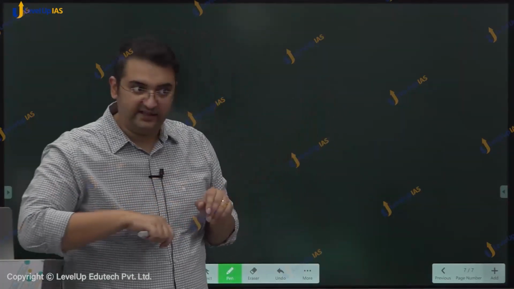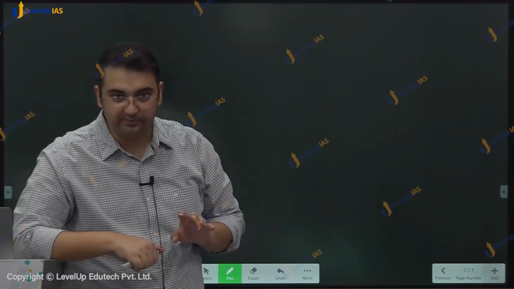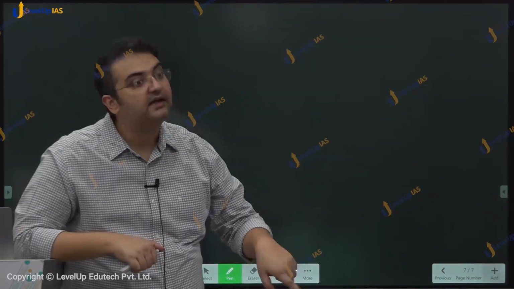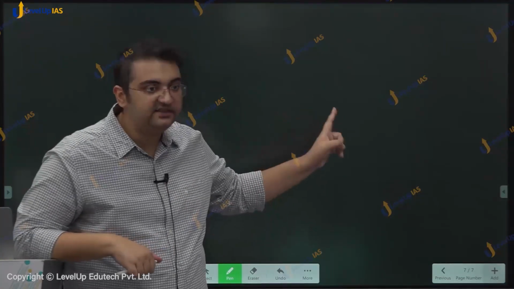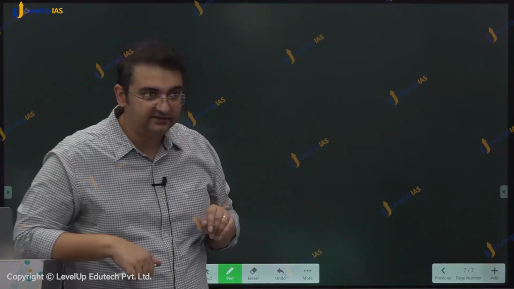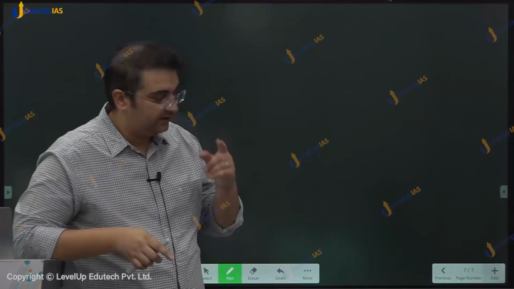That is why such a feudal social setup was needed during this period, and the presence of such a setup indicates the growing urban decay in the society. This is the correlation that R.S. Sharma has suggested. This much clear?